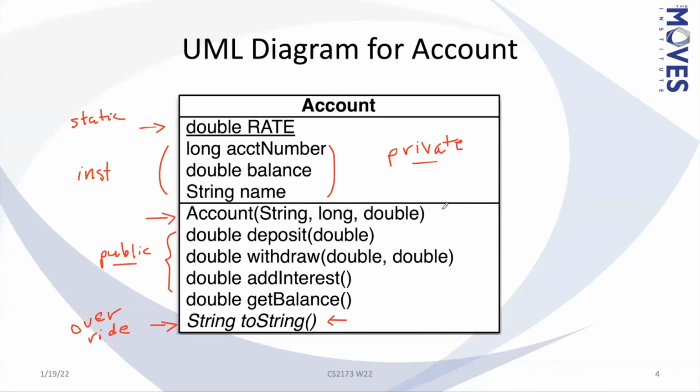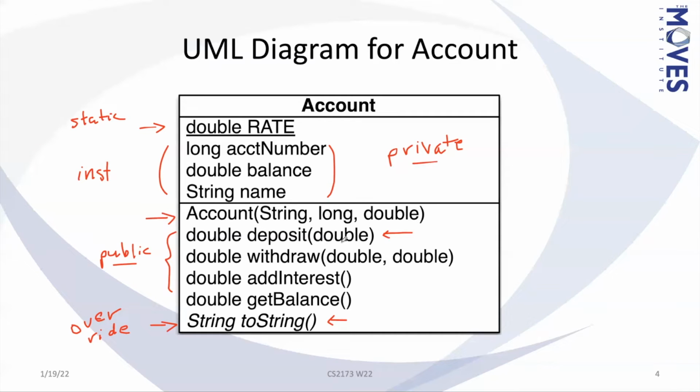Now, the way this is designed, all that the UML diagram does is show you the structure of the class. It doesn't say anything about how these are implemented. So you look at this and ask, what does this mean?